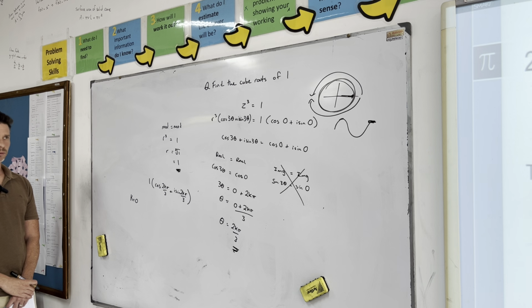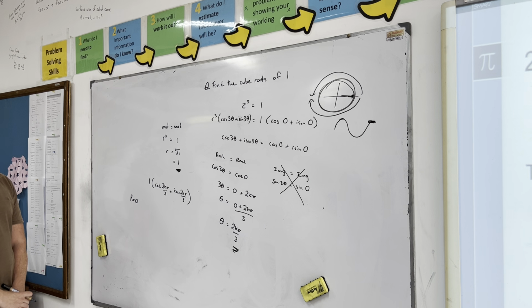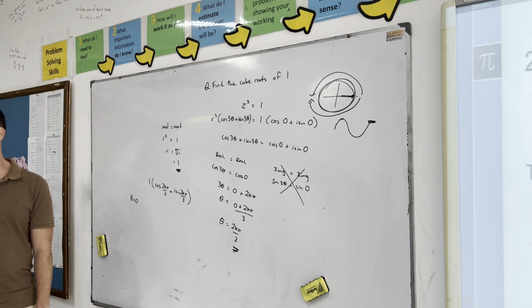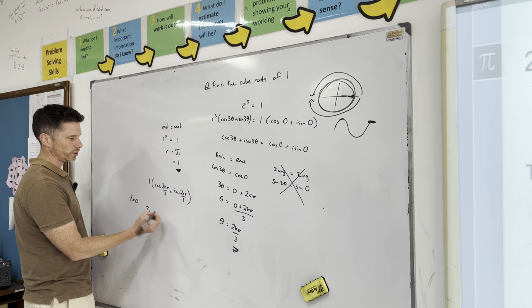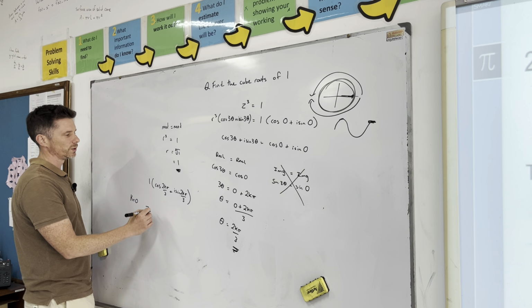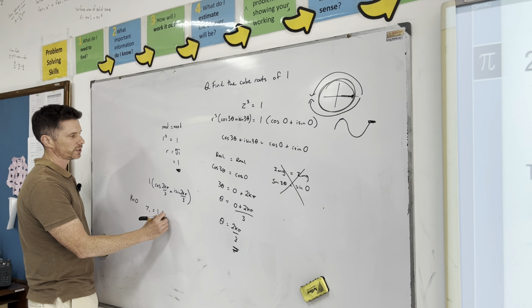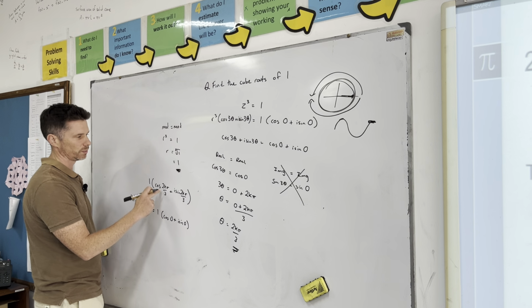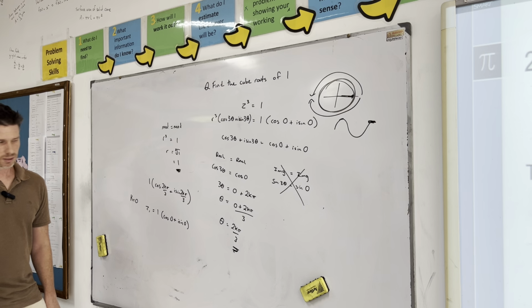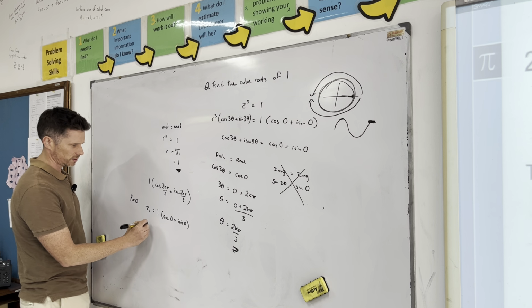Okay, when k is 0, this is the original case. What do we get? That's the one we already know. We'll call this first root we find Z1, which is 1 times cos 0 plus i sine 0, because multiplying by 0 leads to 0.